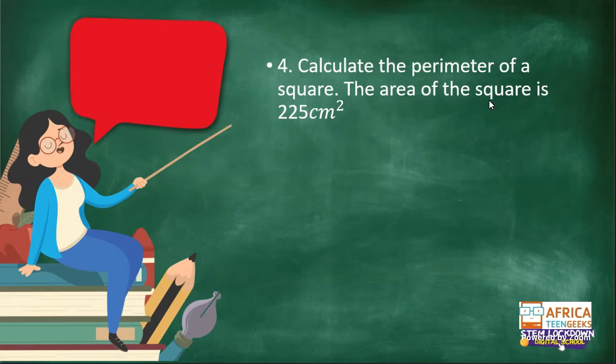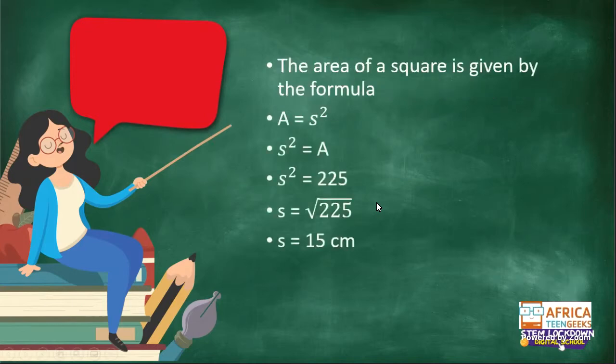So in my case, what I've done in this case is as follows. This is where the formula comes in. You can remember that the formula to calculate the area of a square is given by A, which stands for area, is equal to S squared, where S stands for the side. If you don't want to use S, you can use L, small letter L for the length, right? And of course, in this case, I just took the S squared to the left-hand side and then A to the right-hand side.